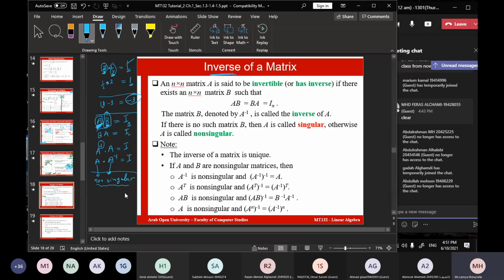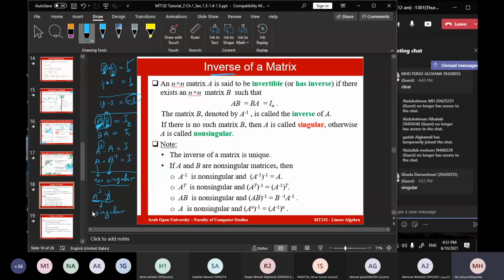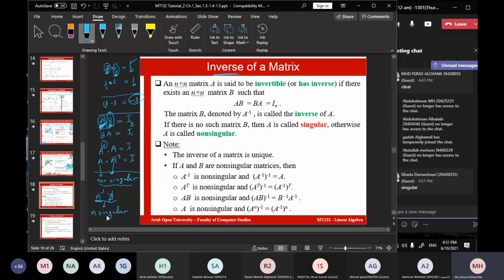But if the inverse does not exist, we say that this matrix is a singular matrix. Clear? So if they don't have an inverse, we say the matrix is singular, because the inverse does not exist. Clear?